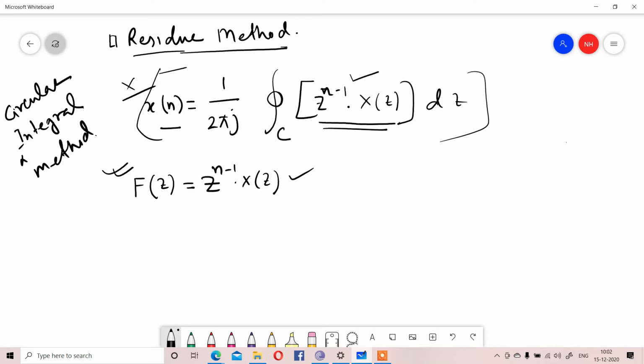Now you have to calculate the residue for each and every pole depending on F(z) by using that formula.